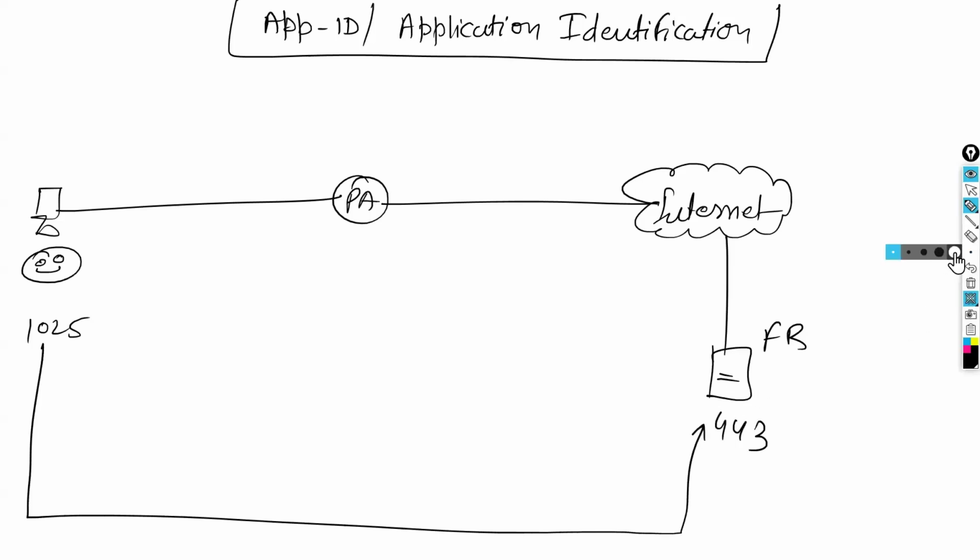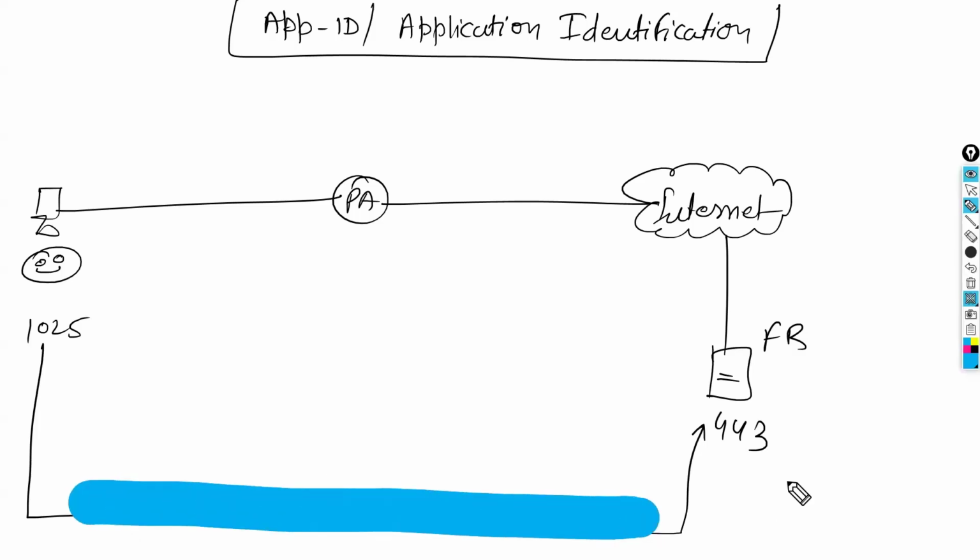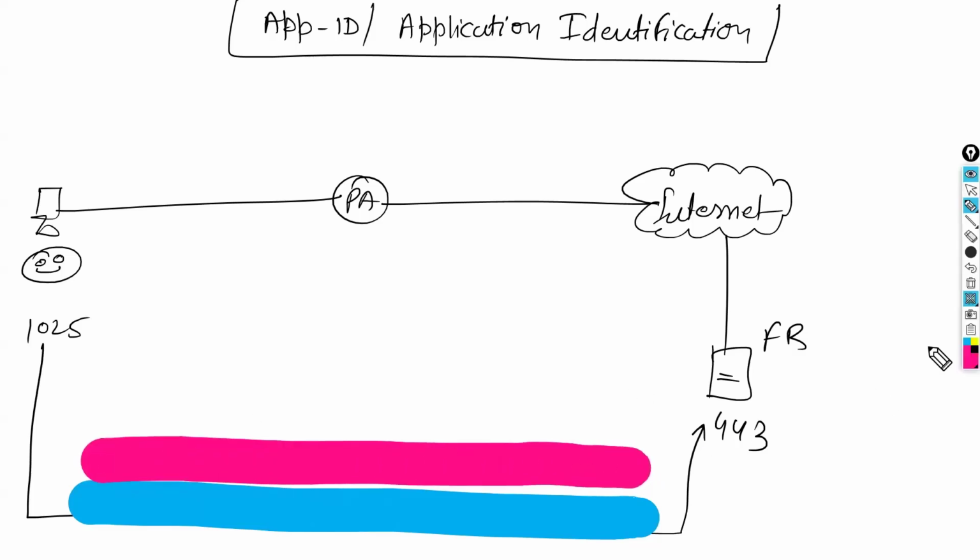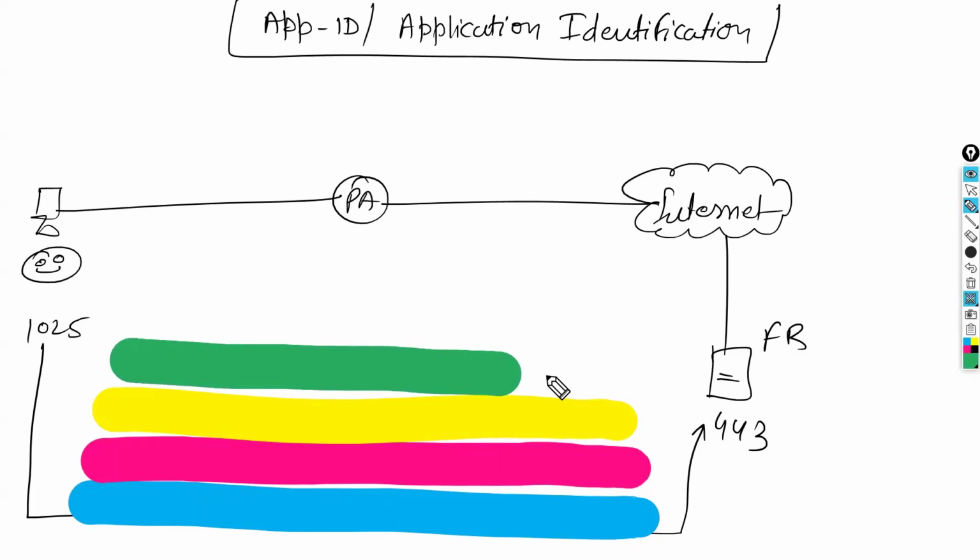First, this user will establish one tunnel, one session. Then after it, it will establish another session. Multiple sessions can be there on a single connection like this one.